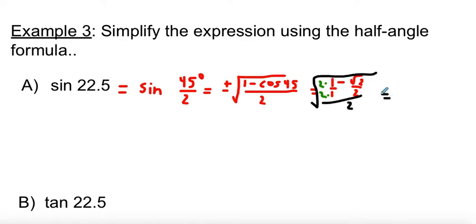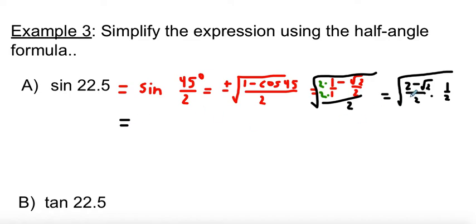So then up here, I get 2 minus the square root of 2 over 2. And I'm going to multiply that by the reciprocal of what's down there. So the reciprocal of 2 is 1 over 2. And I still got to take the square root of that.